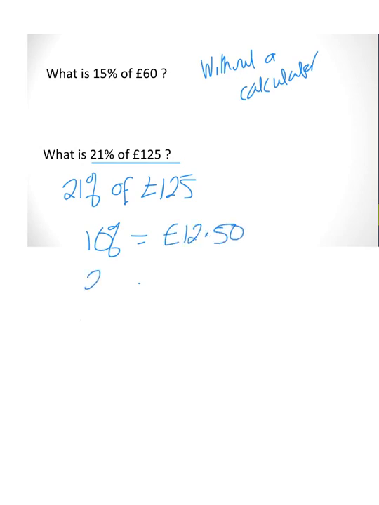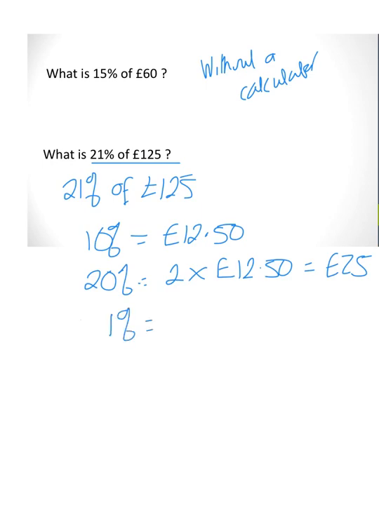So therefore 20% is going to be 2 times that. So 20% is going to be 2 times £12.50, which is £25. And to work out 1%, we would divide £125 by 100. So that would be £1.25.